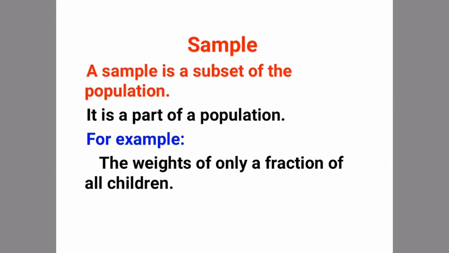We are interested in making generalizations about the population, not the characteristics of the sample. So the characteristics of the sample will be used to infer the generalization of the population. That is inferential statistics.